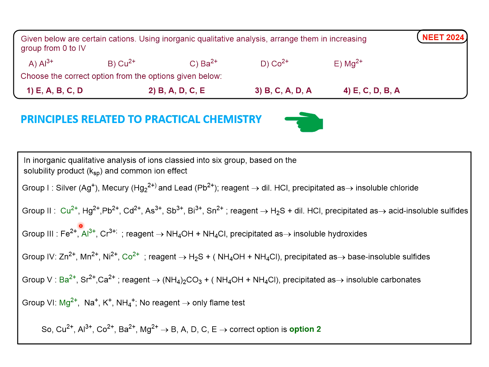Group 2 contains copper 2 plus, mercury 2 plus, lead 2 plus as well, cadmium 2 plus, arsenic 3, antimony, bismuth, tin 2 plus.